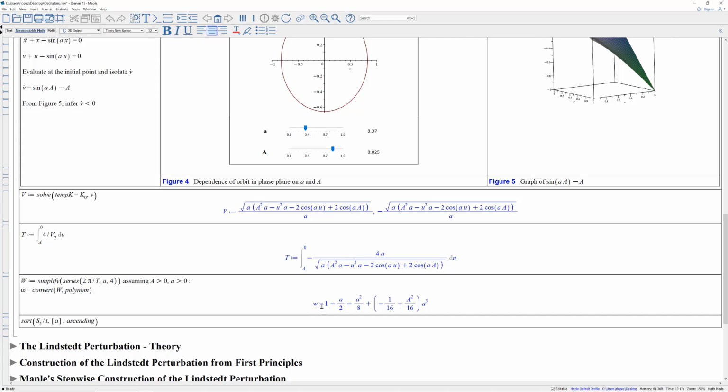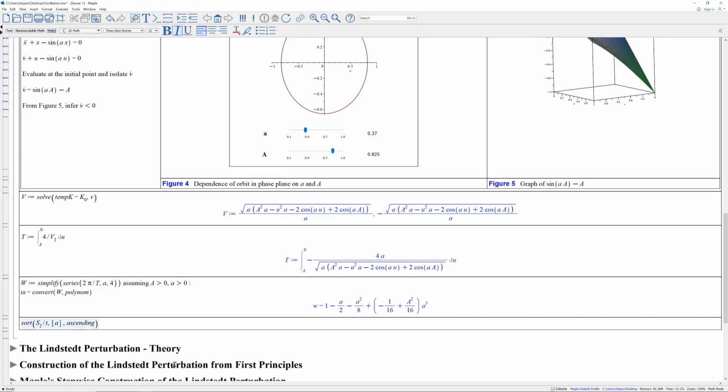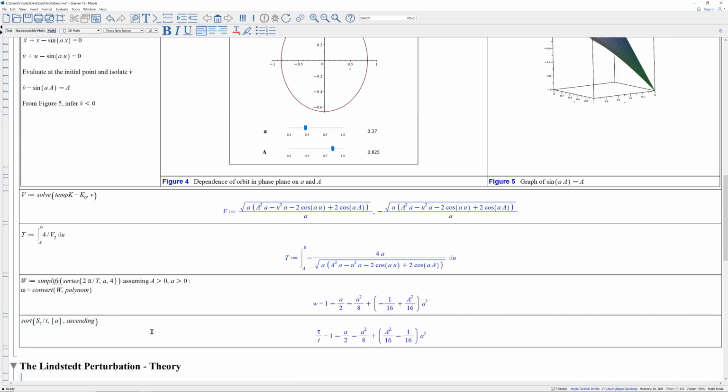And I would like to compare that to what we got when we looked at the result from the perturbation method. We got a result that told us what the angular frequency should be, which is tau over t. This and this are the same except for the order in these two terms here.